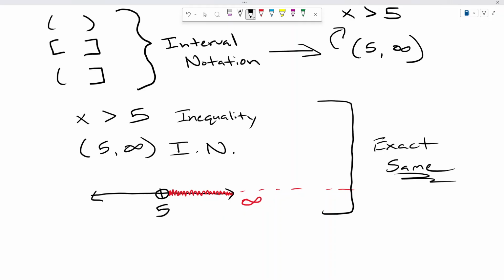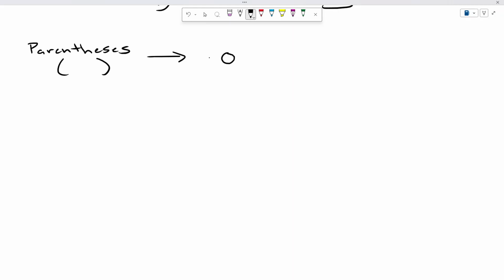So let's go over now a couple specific rules you need to remember when writing out interval notation or drawing a number line. When we're using parentheses, that is equivalent to an open circle on a number line, and that is also equivalent to, when we're looking at the actual inequality itself, less than or greater than.